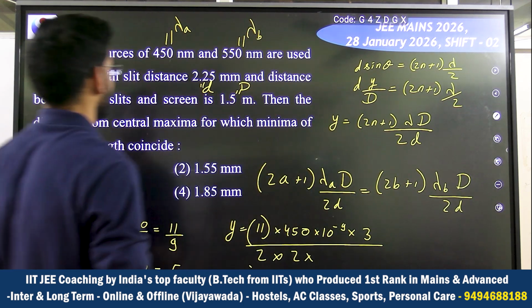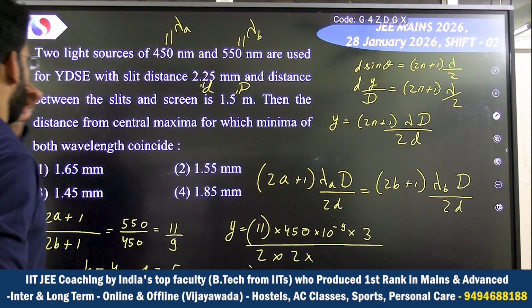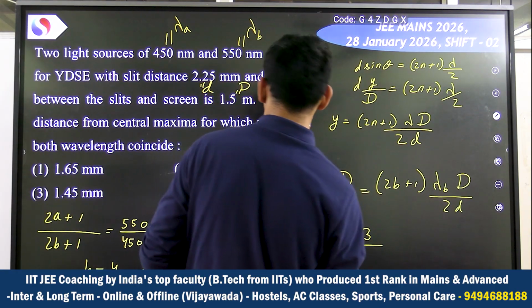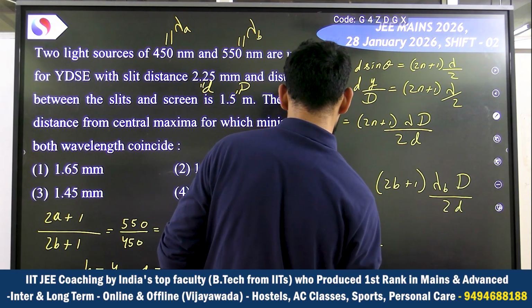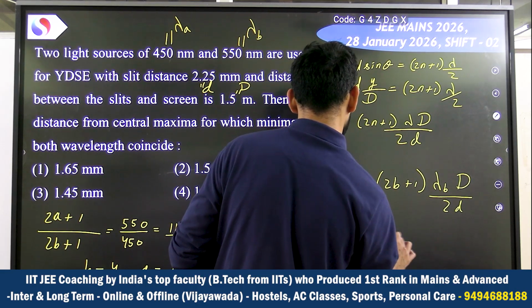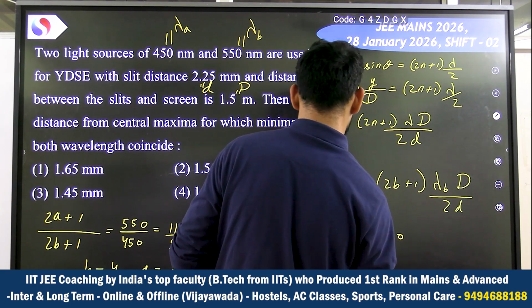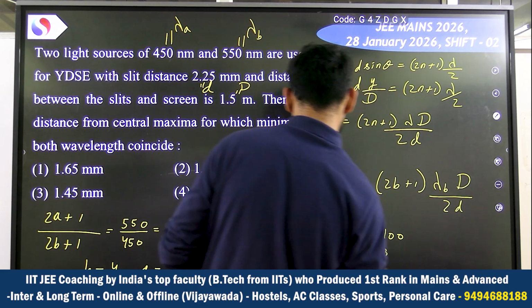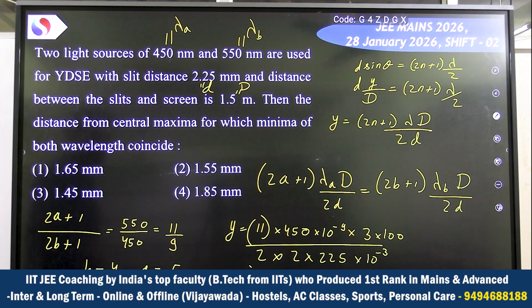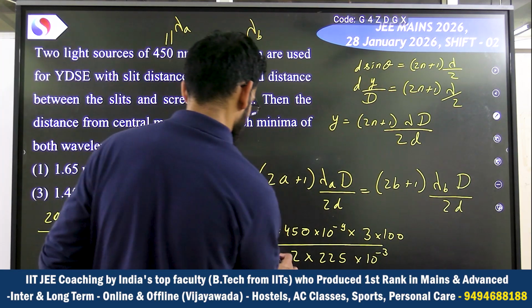So 2.25 you can say 225 by 100, and millimeters gives 10 to the power minus 3. Got the point?